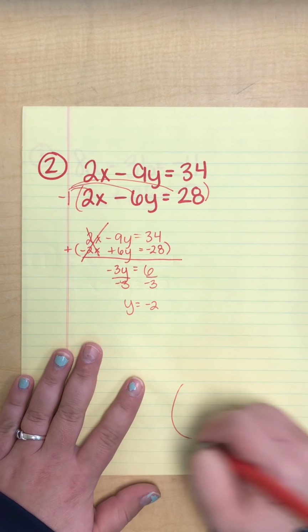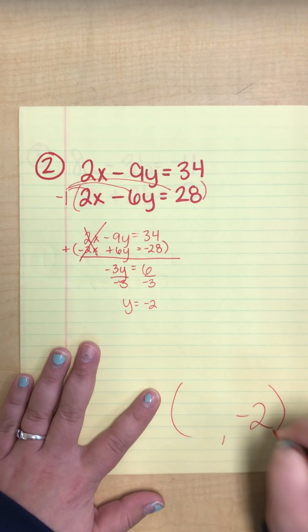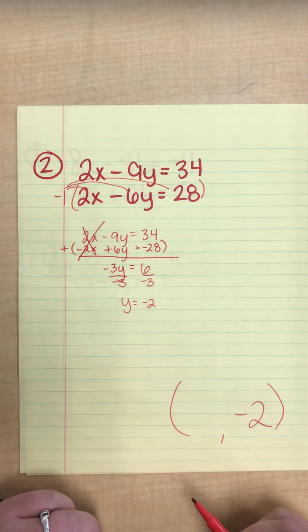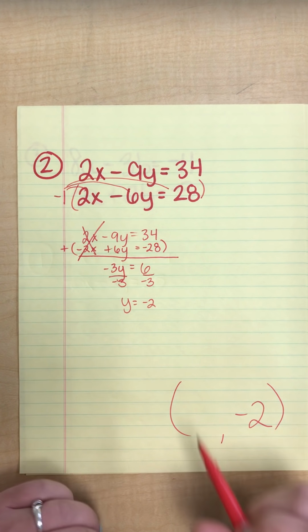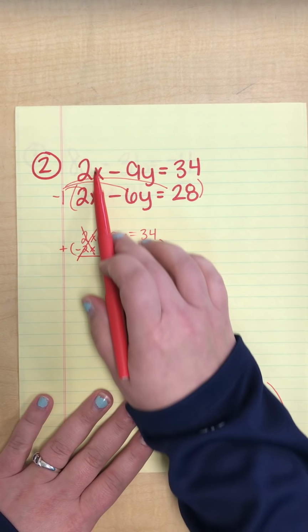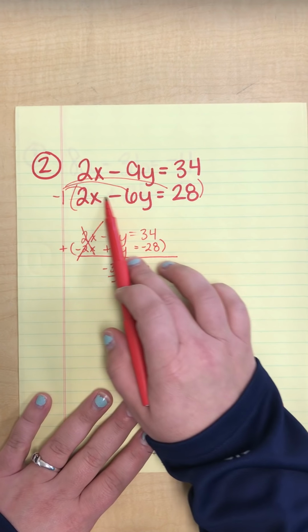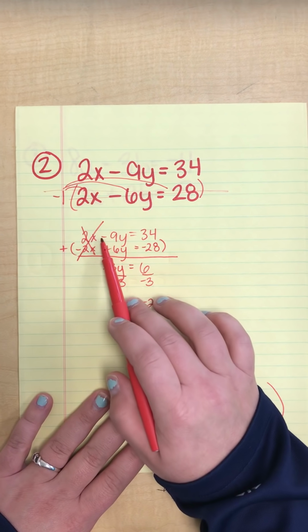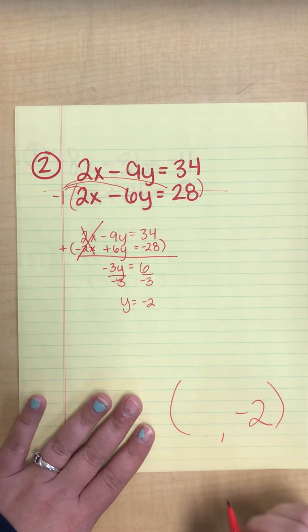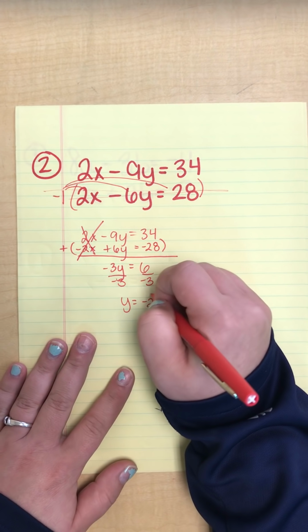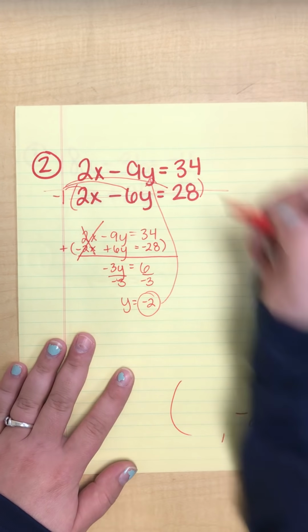So this time I solved for y first as negative 2. Okay, so again, we couldn't add these together right away because 2 plus 2 would give me 4. So I wanted to multiply this entire thing by negative 1 so that I could make that a negative 2 then.